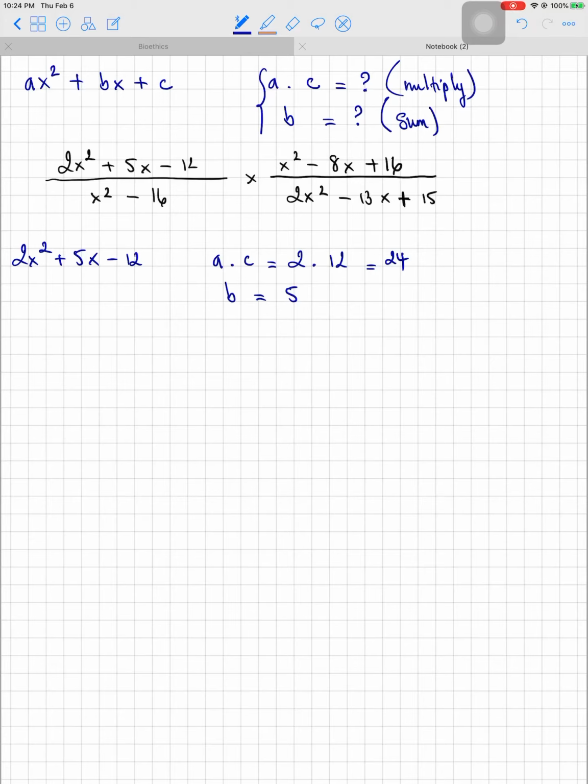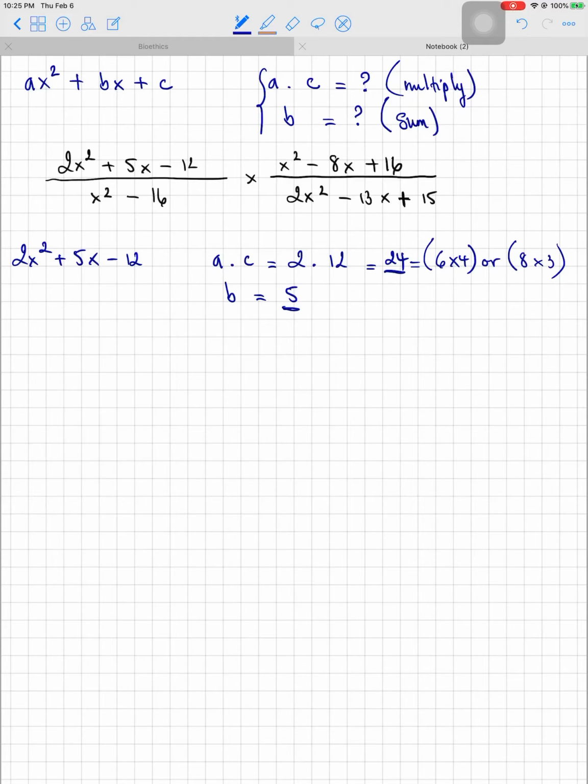And so we have to look for the common in between these two numbers, 24 and 5. For 24, we can do 6 multiplied by 4, or we can do 8 multiplied by 3.